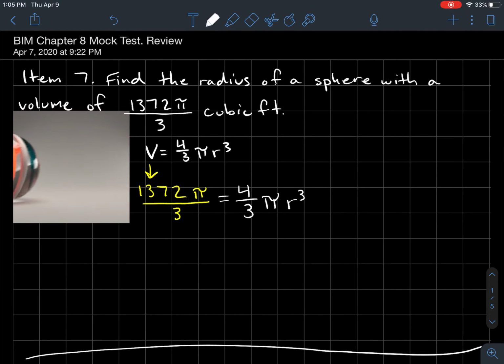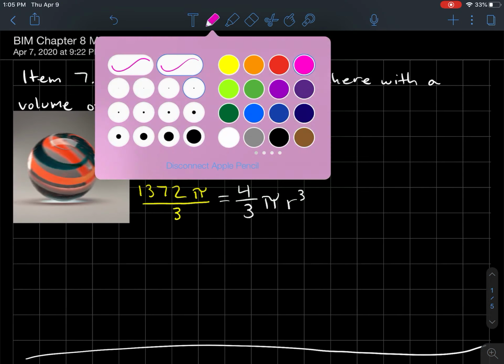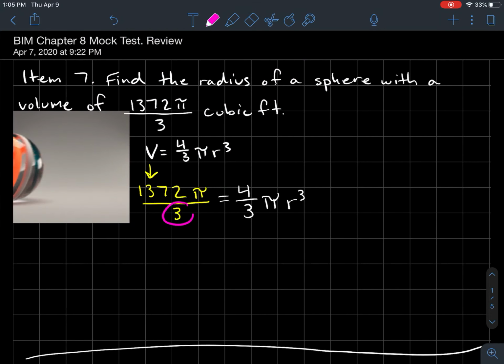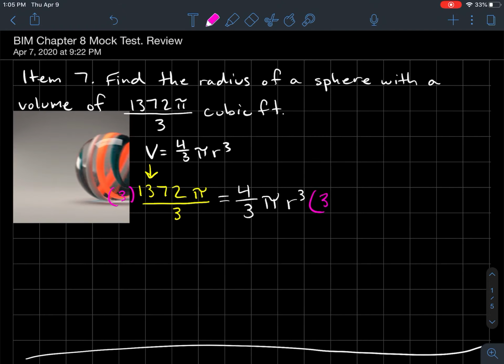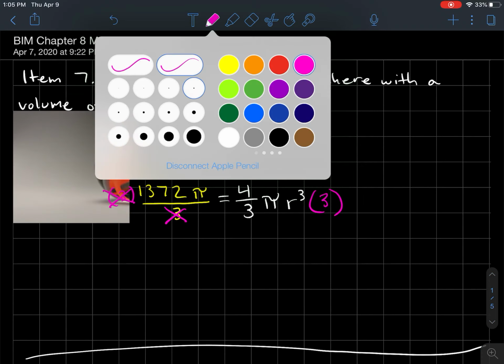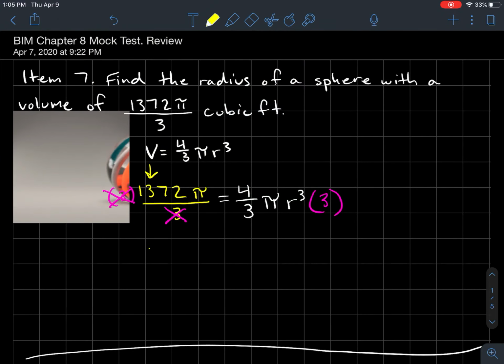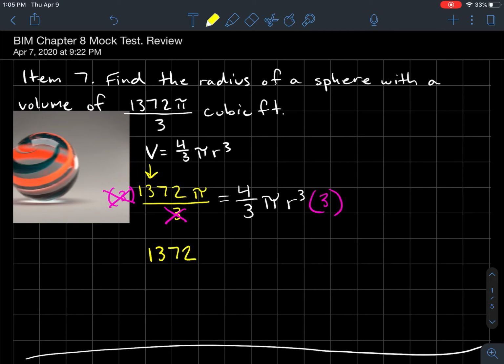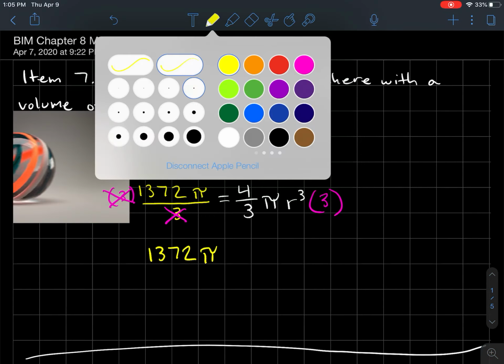All right, so now we can approach this problem a couple different ways, but the simplest way would be to get rid of this 3 here. It's divided by 3, so we need to multiply by 3 to both sides. So that means this cancels out here and here. On the left-hand side, we're left with 1372 pi.